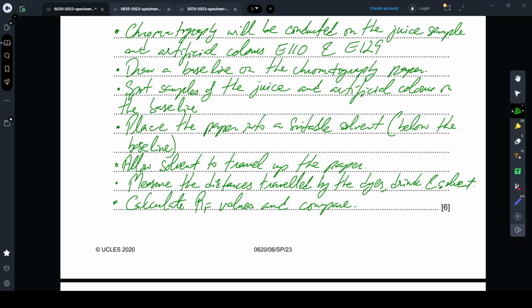And any 6 would get you marks. So there's no rule whether you definitely need to include the last part where it's calculating the Rf value, or any particular 6 points. The only thing you needed to mention was the drink and the E110 and the E129.